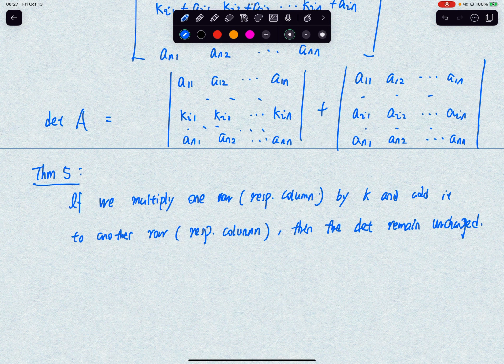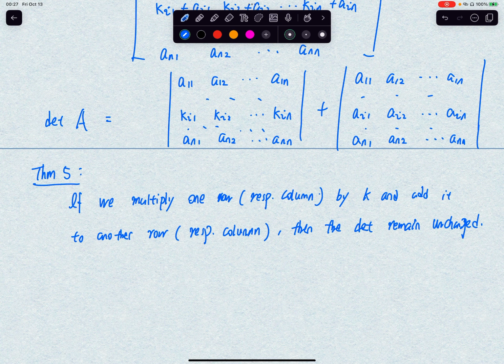So for example, in elimination, we multiply one row by a constant and add it to another row. Of course, our determinant remains unchanged, otherwise we cannot use this algorithm in solving the linear system.